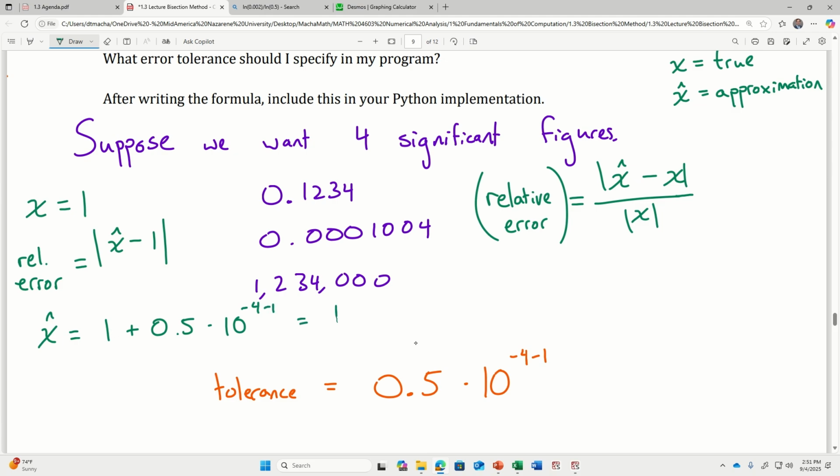So it would be like 1 point, how many zeros? 5 zeros? 1, 2, 3, 4, 5, followed by the number 5. And then it would round up to that. But then I've got one more sig fig than I need, actually.